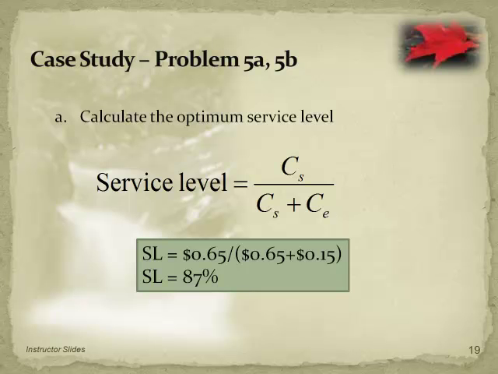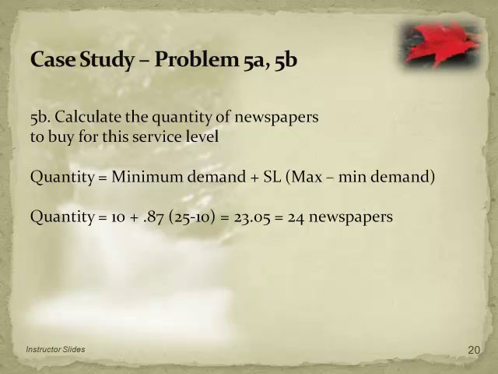So now the question is, how many newspapers should we buy that will give us this service level of 87%? To do that calculation, the formula is the minimum demand that we can pretty much guarantee, plus our optimum service level times the difference between the maximum demand we've ever had minus the minimum demand.